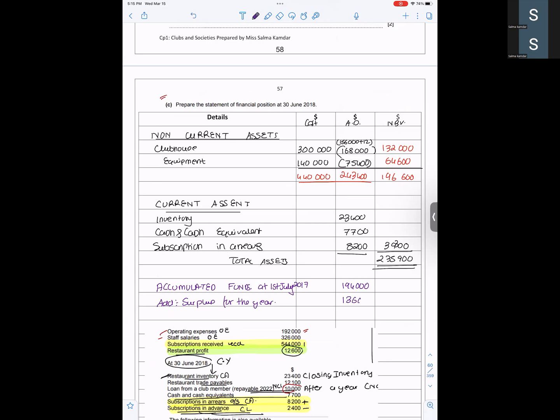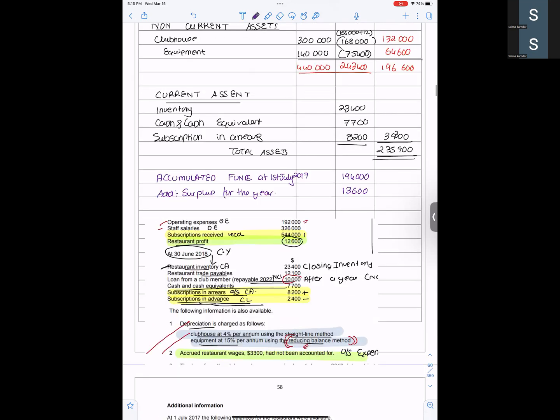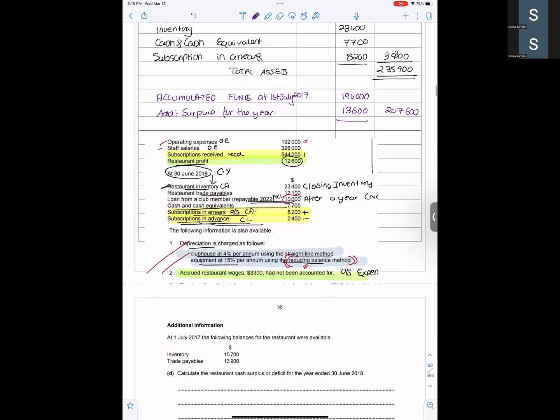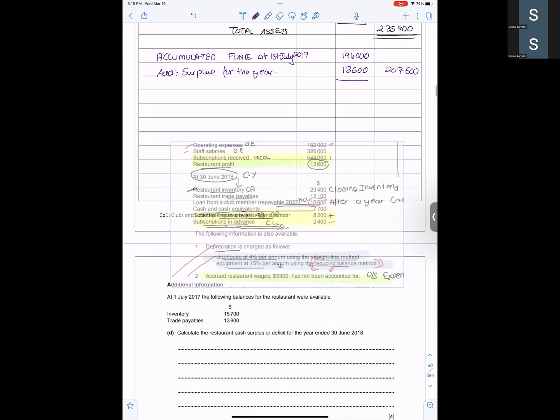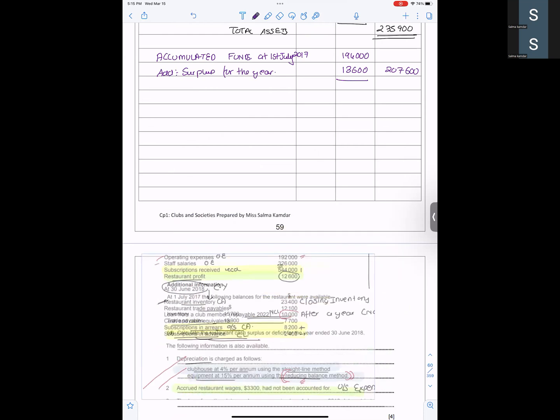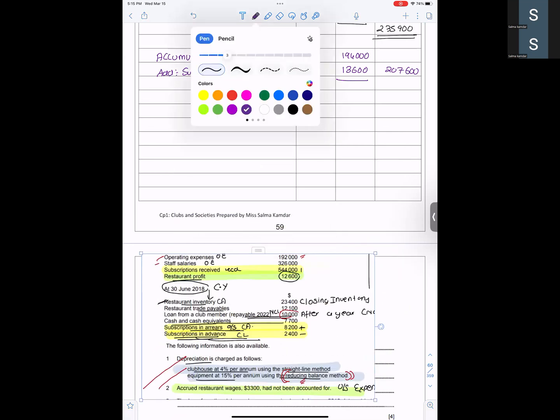There is no transfer to accumulated funds and there is no special donation that you've received. So your total accumulated funds will become 194,000 plus 13,600. It is 207,600. Then you have your non-current liability. Check what is your non-current liability. The loan that you have taken.